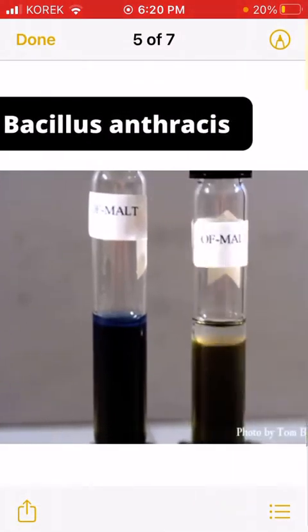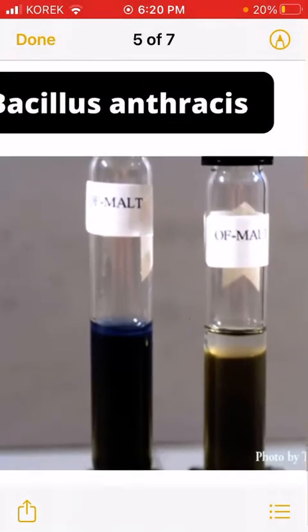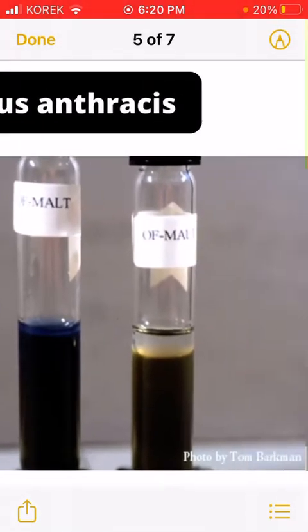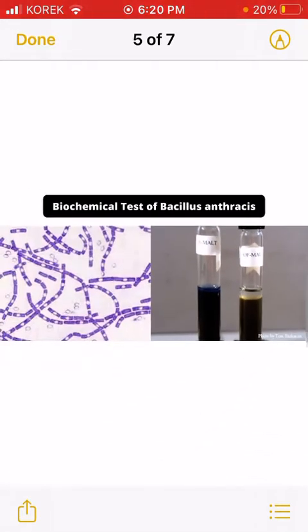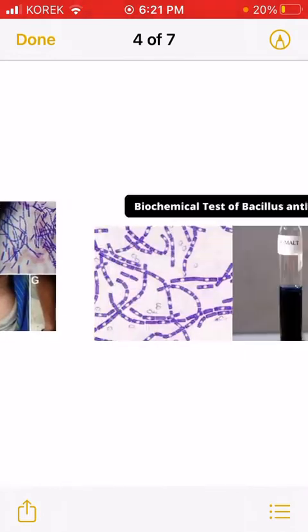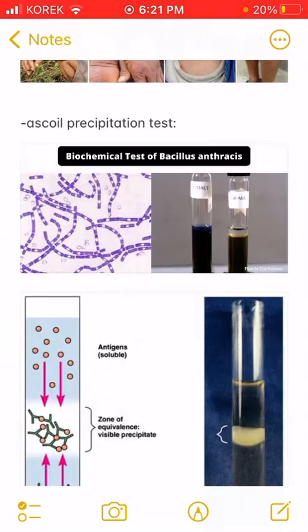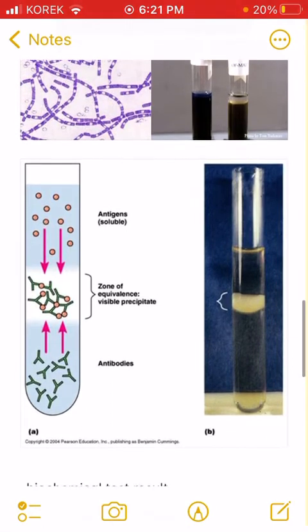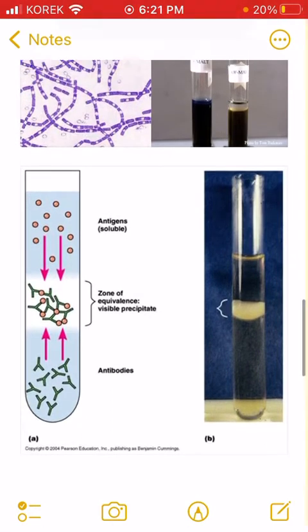You see, here on the left we have a negative result. On the right, precipitation is detected. It's a positive result. As I said, a sample is taken, such as meat or mostly bone meal, and the bone is broken down by a specific machine, and after that the bone is boiled with saline solution, and the test is done within 10 minutes, and the antibody is detected, and the results are detected here.